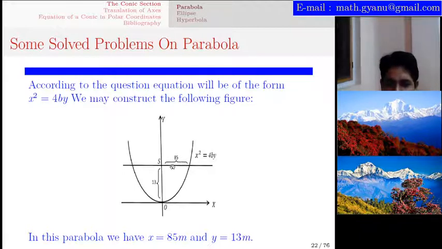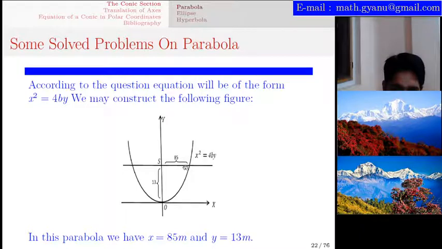Here it is 85. Why? The total span length of this chord on the parabola is 170, so half of it will be 85. Also note the point at the intersection of the curve and the span in the first quadrant, that is on the right side of the y-axis, is the intersection point.